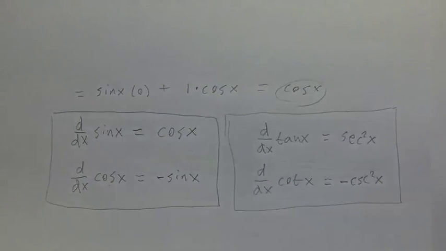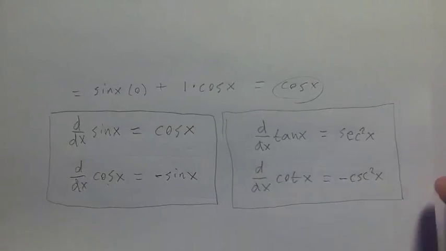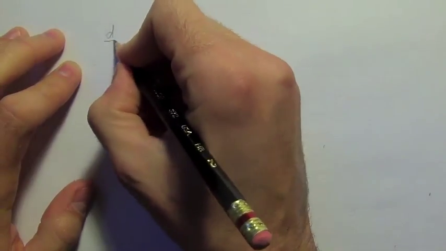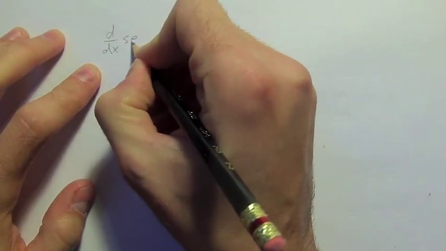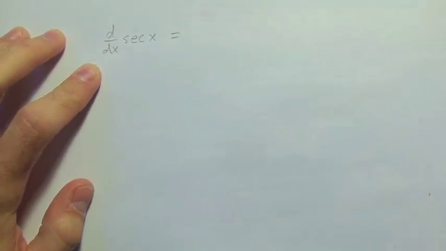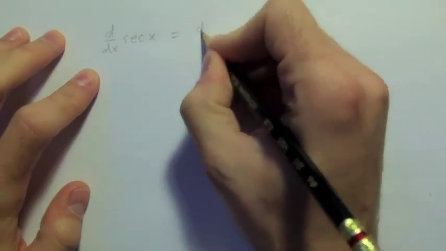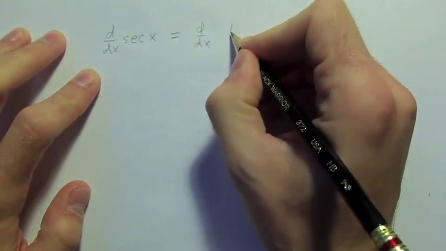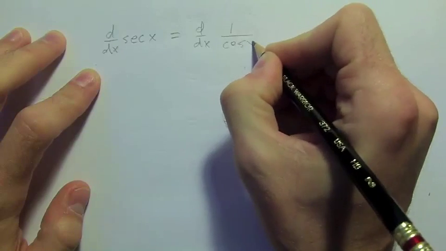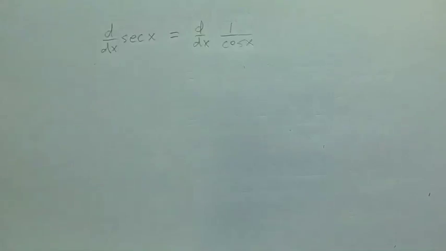All right, let's now look at the derivative of secant. All right, we got some secants in here. So the derivative of secant, well, we're going to do a similar process. All right, this is the derivative of 1 over cosine of x. Okay. And we're going to use the quotient rule again.